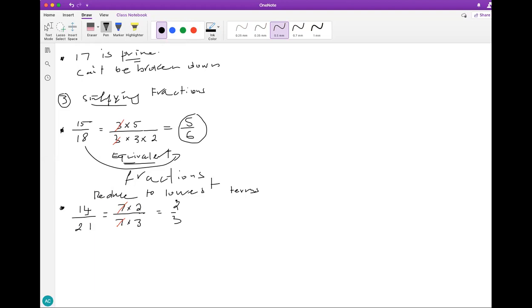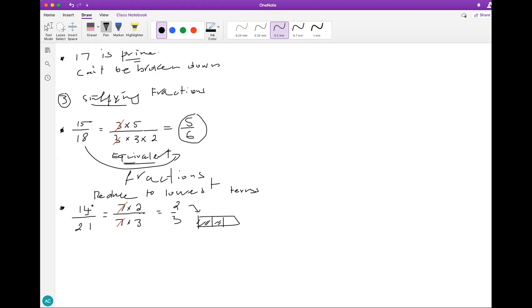And it's much easier to deal with simplified fractions. If I said, give me 2/3 of something, you know you're going to divide that thing into 3 pieces first, right? And how many pieces do you take out of that? 2, right? 1 and 2.